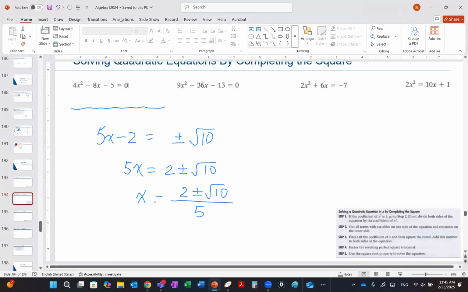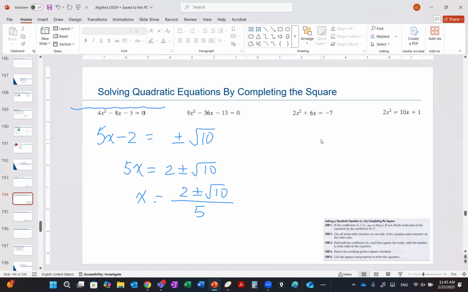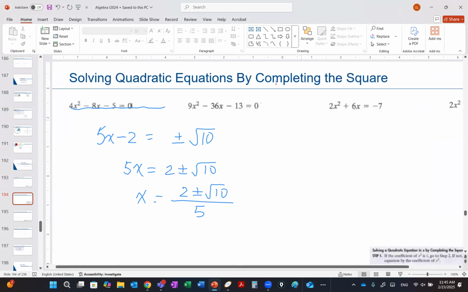Let's move on to a more challenging one. Let's go back to the earlier one. I know the first one we already solved, but right now we use different methods.